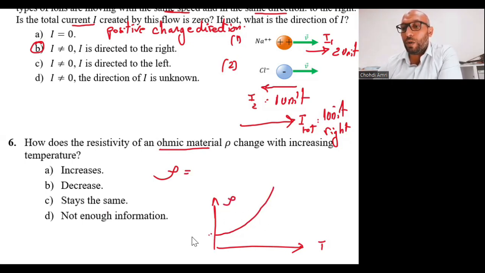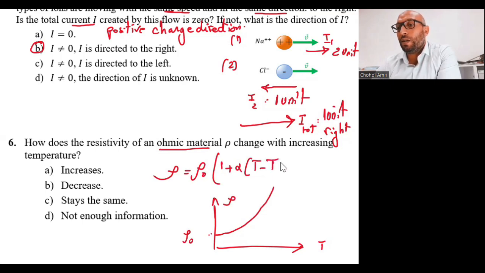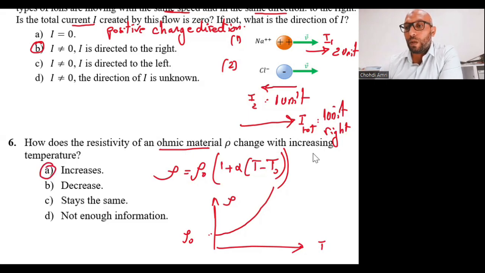What do we call this point? It's rho naught. So it's going to be rho naught times (1 plus alpha (T minus T naught)), and this is our equation of the resistivity dependence on the temperature. So it's increasing with the increase of the temperature. Let's continue.